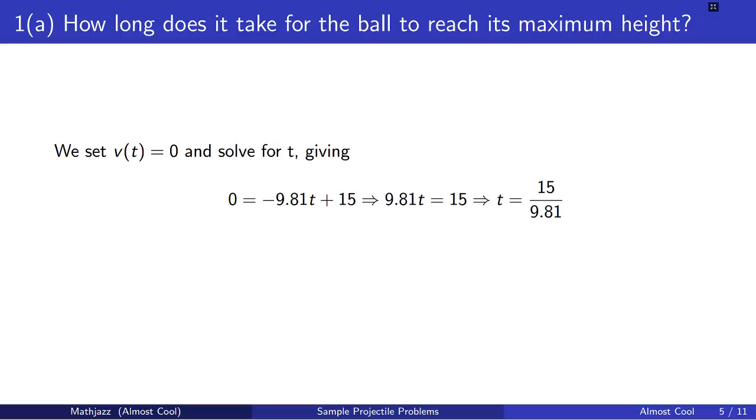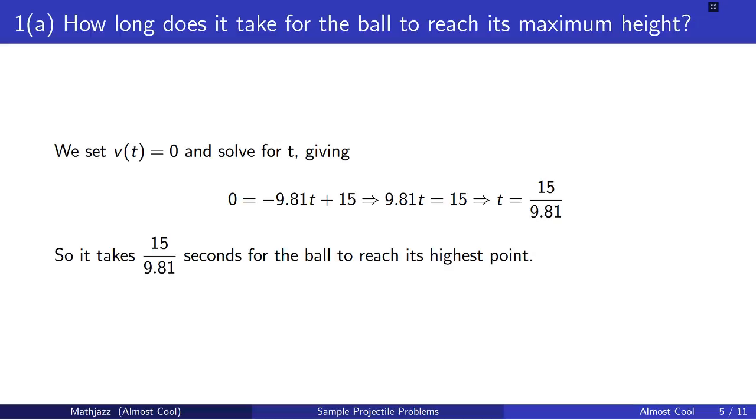This is in seconds, as 15 is in meters per second, and 9.81 is in meters per second squared, so the meters and one of the sets of seconds cancel, leaving seconds. So it takes 15 over 9.81 seconds for the ball to reach its highest point, and that gives us the answer to part A.